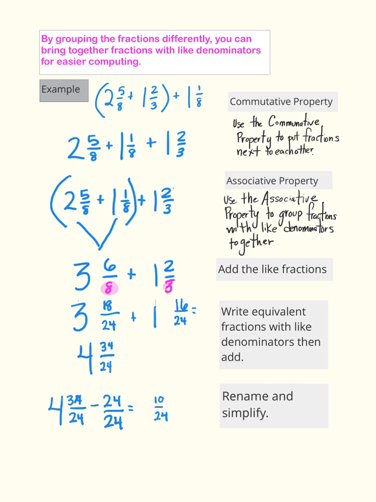If I pull that out, that's because I'm adding it over here. And now I'm going to simplify, so I have to think what number can go into both of these. And I know that you can divide 2 into both of those. So I'm going to get 5 and 5/12. So that's my answer for that.